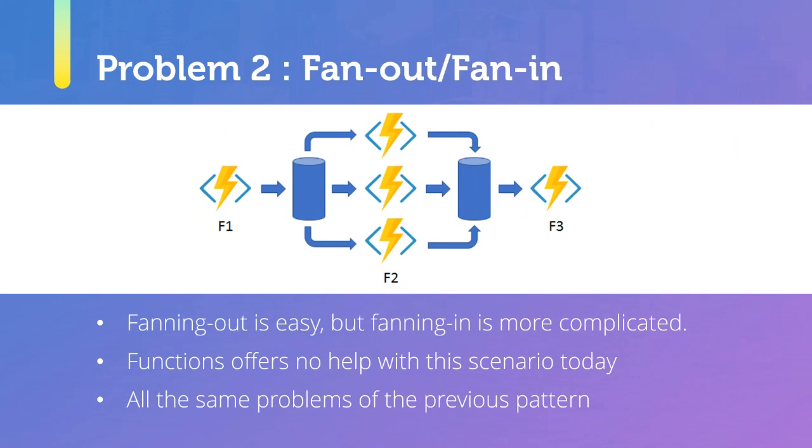The second scenario is the fan-out, fan-in scenario. In this case, one of the functions, for example, can create multiple jobs out of whatever work it's doing. For example, if you got a shopping cart, if you got an order, the first function might be processing the order and then creating individual tasks for every item in the shopping basket.